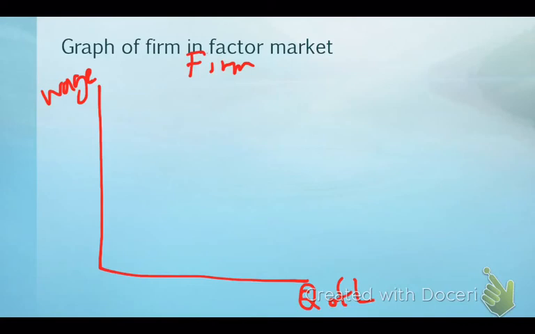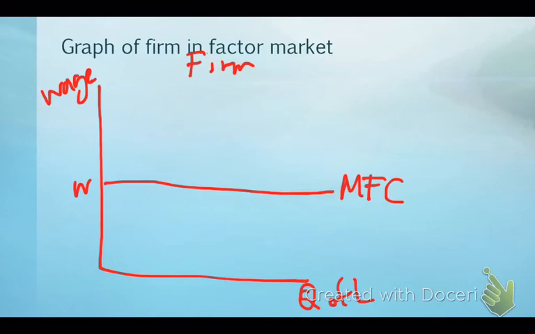For the firm, we've got the horizontal MFC, which is wage. So we're going to label the axis wage, and we're going to call this curve MFC, marginal factor cost. Right? And then the MRP is our other curve, MRP, marginal revenue product. It's downward sloping.